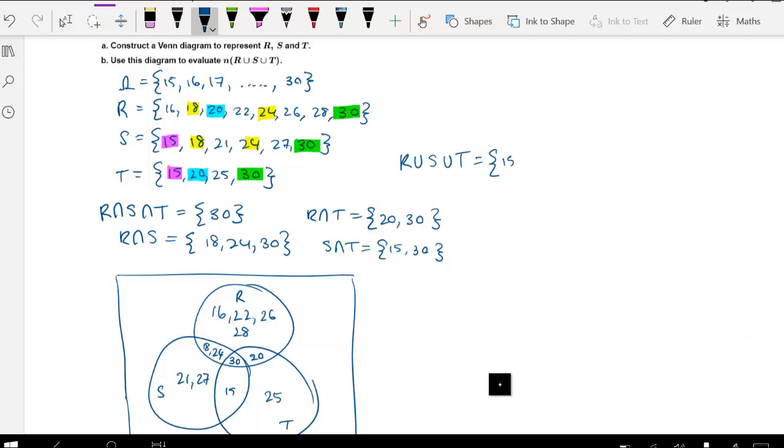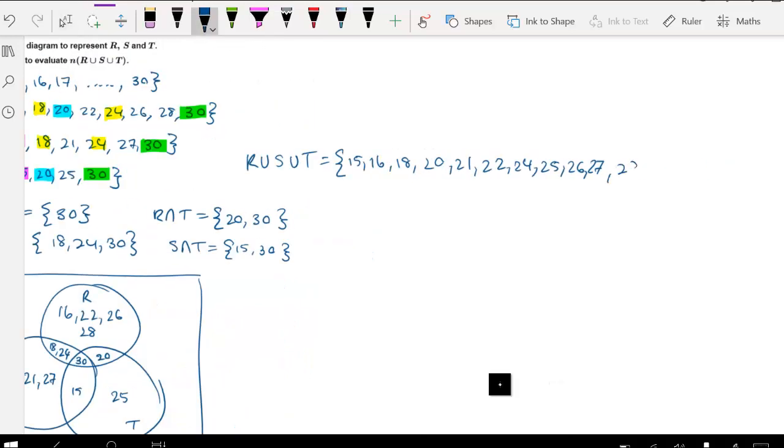So 15, 16, there's no 17, but 18. There's no 19, but there's 20. There's 21, 22, no 23, but there's 24, 25, 26, 27, 28, and 30. Okay, so there's our union.